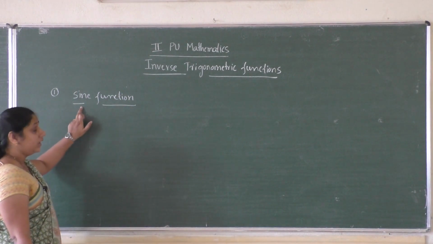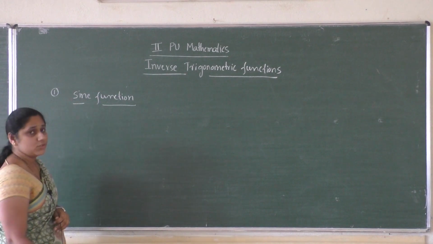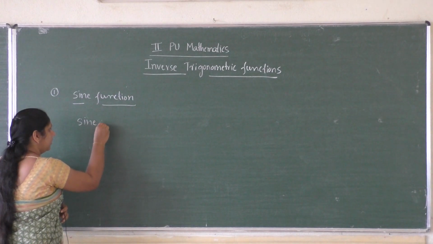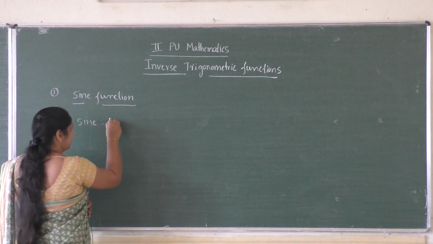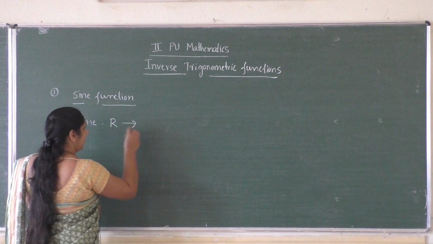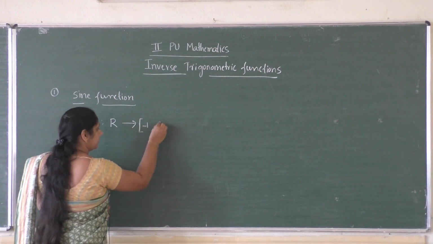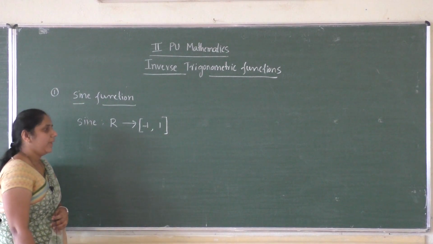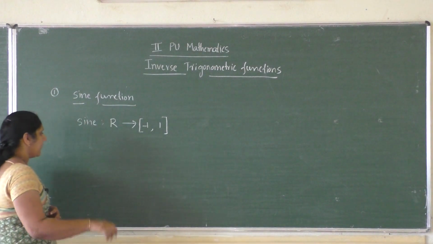So recall it. What is the domain and range of the sine function? See, sine is a function whose domain is R and range is the closed interval -1 to 1, correct?